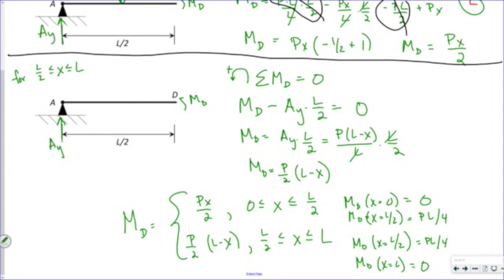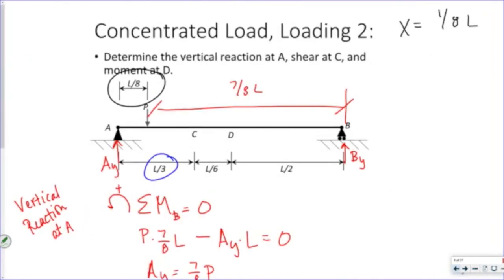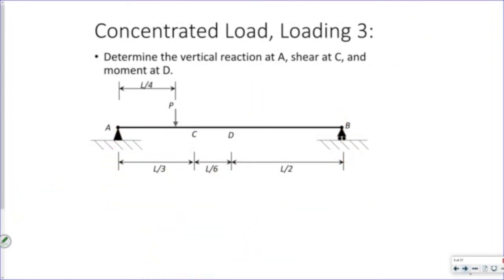And you can kind of guess from looking at that table way back, this is equal to this, this is equal to this, there's my apex right in the middle. So I draw those two functions.